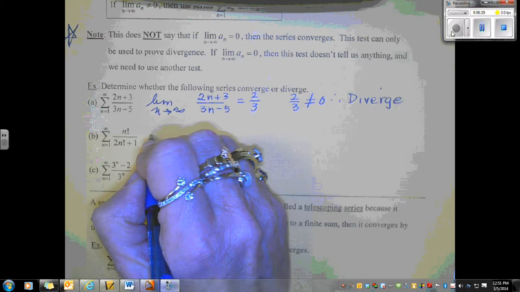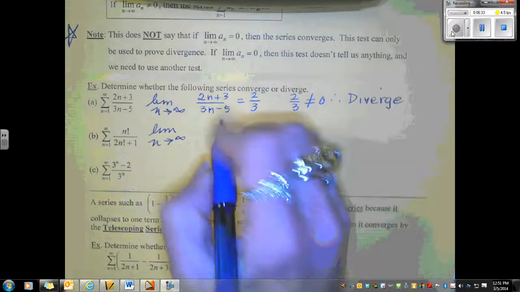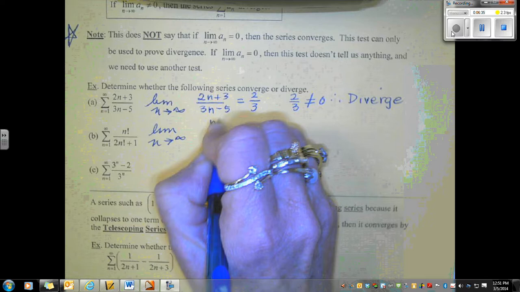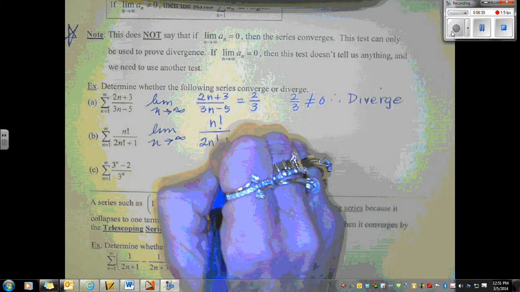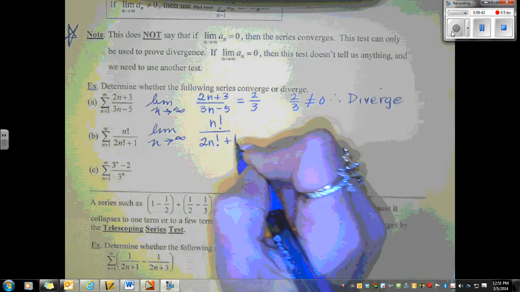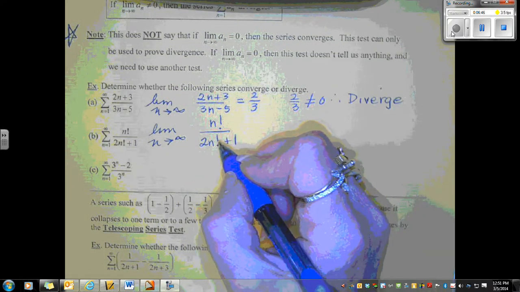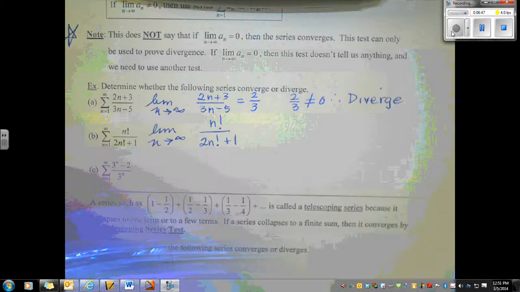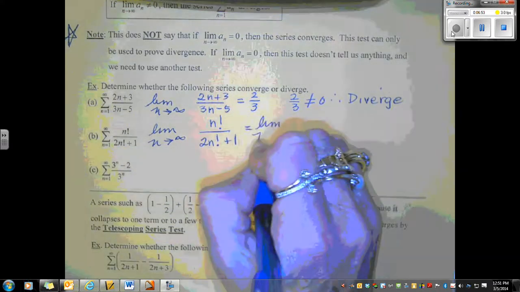Okay. Limit as n goes to infinity of n factorial over 2n factorial plus 1. Now, if you don't know this technique, you can divide everybody by the highest factorial. So, let's do limit as n goes to infinity.